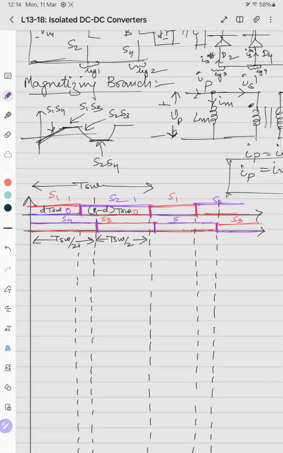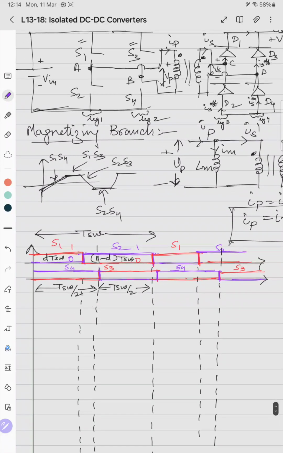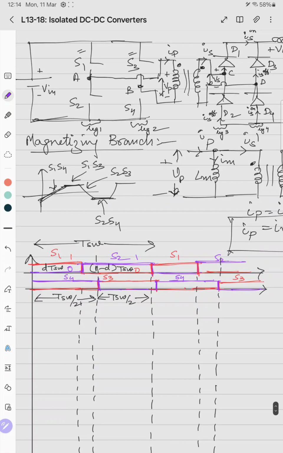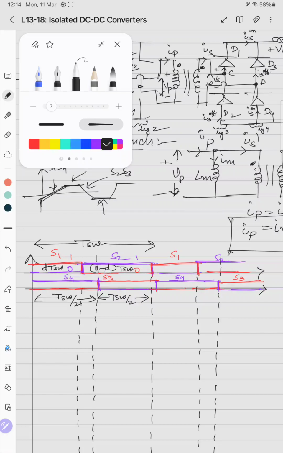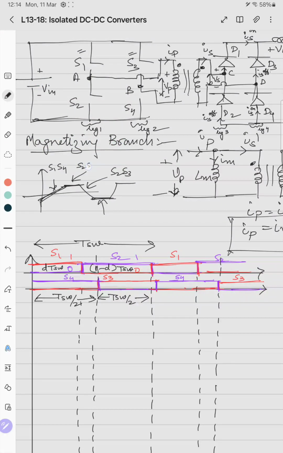S4, S4. So what happens is first S1, S4 is on, which is the case. Then S2, S4. Okay, then we have S2, S4, then we have S1, S3.